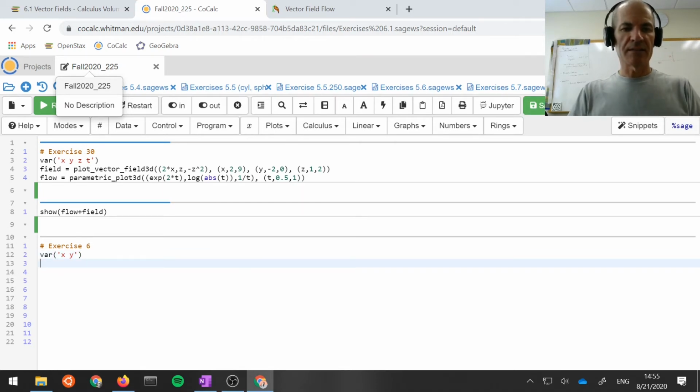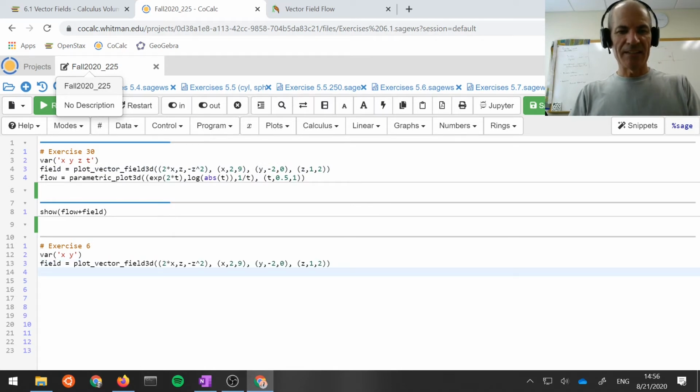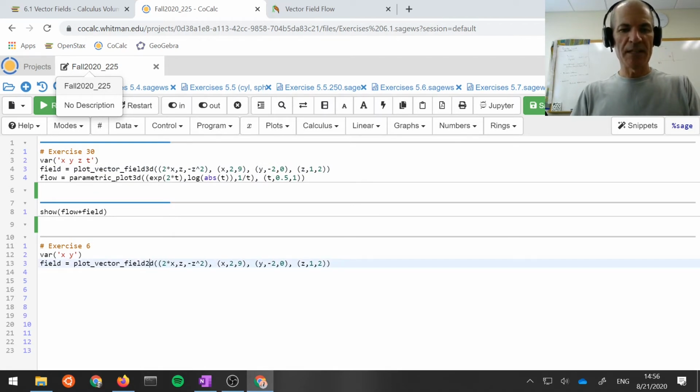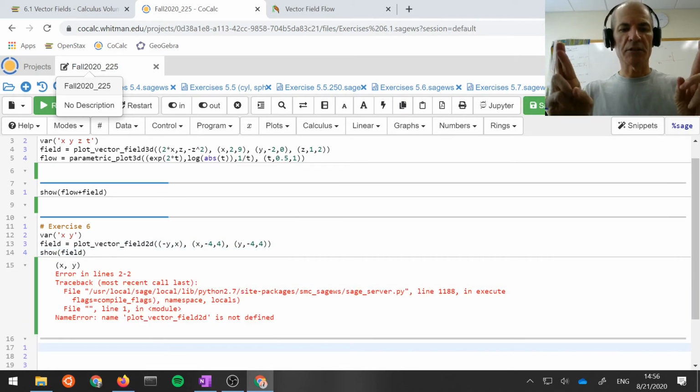And let's say the field, I'm going to guess that the field is going to be a vector field 2D, and then we remember that it's -y and x, and then we have to give it a range, and I'll just let x go from, say, -4 to 4, and y will go from -4 to 4. And there is, of course, no z component because this is a two-dimensional vector field. And then let's show the field when we're finished and cross our fingers.